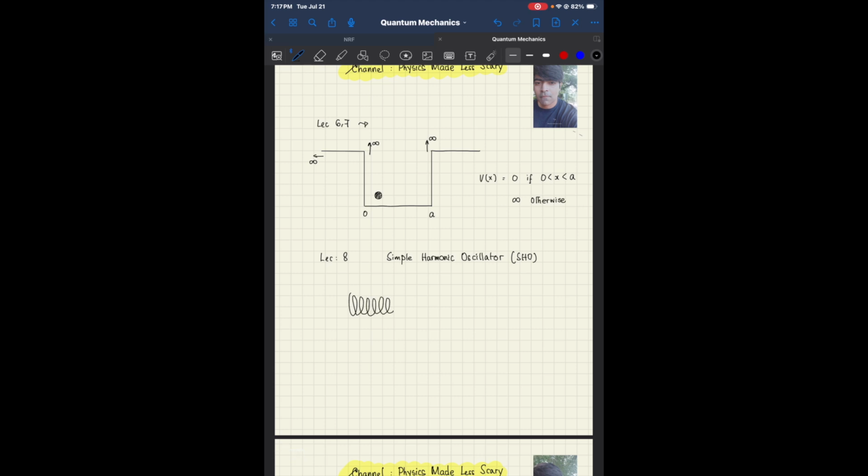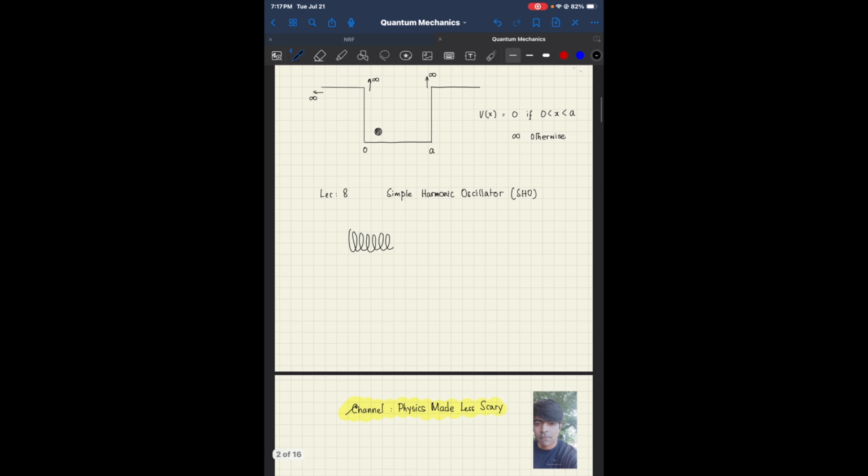Classically, imagine this is a spring. So what happens when you pull a spring? This is Hooke's law, right? Imagine this is the equilibrium point, and if you pull it by an amount delta x, then the force you feel is proportional to minus kx, or minus k delta x, where k is a positive constant.